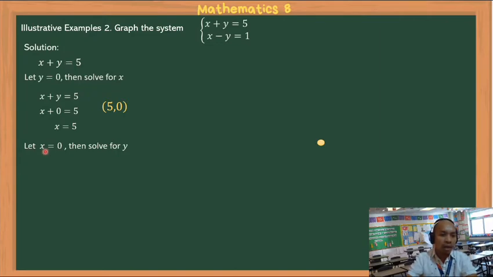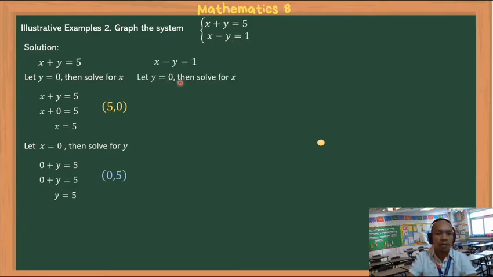Now let x is equal to 0 and we will solve for y. Substitute x by 0. 0 plus y is equal to 5, so y is equal to 5. Therefore, if x is equal to 0, our y is equal to 5 and our ordered pair is 0 and 5. Now let's consider equation number 2.